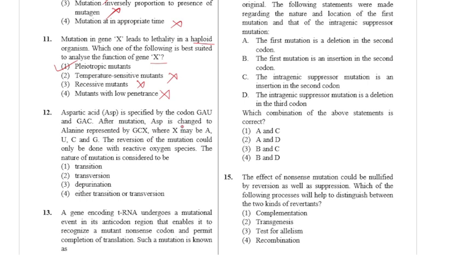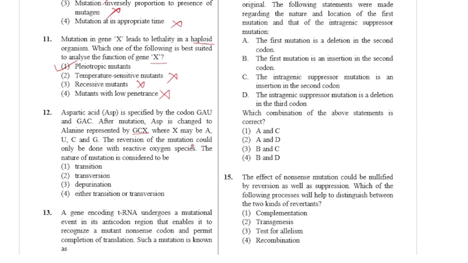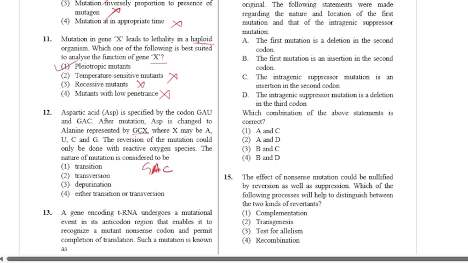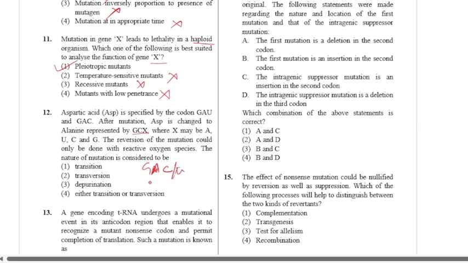After mutation, aspartate is changed to alanine, represented by GCX, where X may be A, U, G, C. The nature of the mutation is obviously transversion, because GAC or GAU was the codon for aspartic acid and it is converted into GCX.